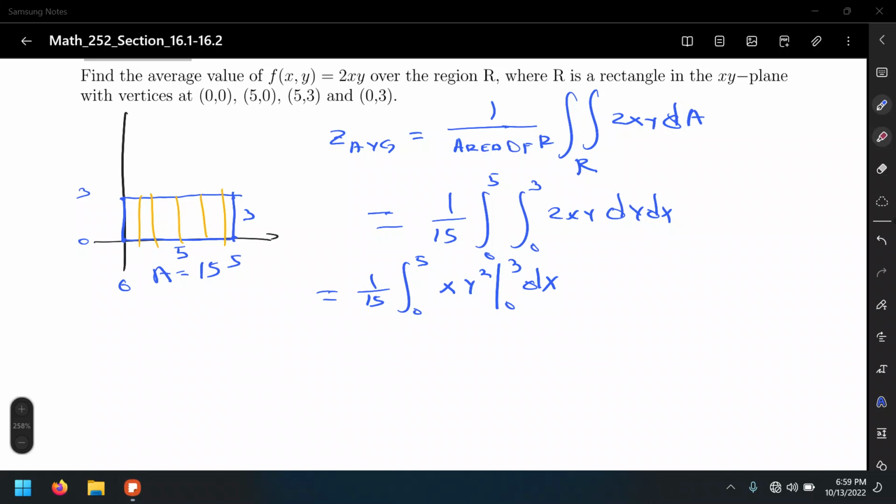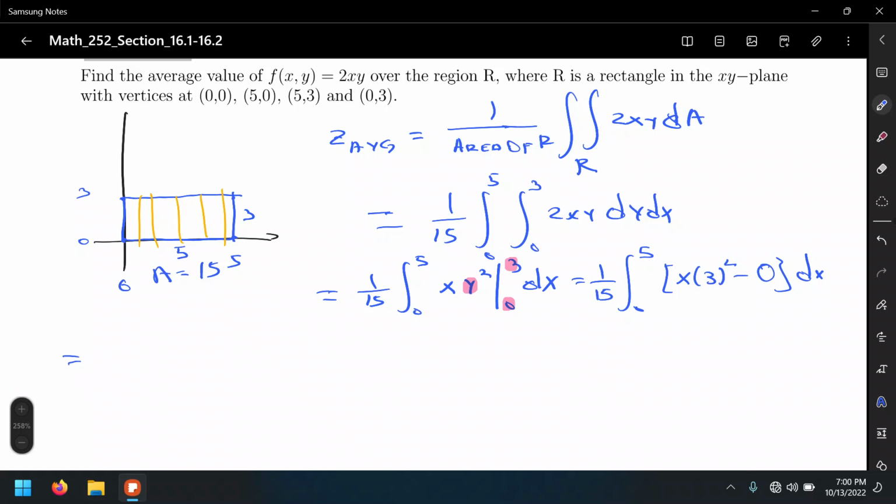Since we integrated with respect to y, we only plug in these limits wherever we see the letter y, not wherever we see x's. So this is 1 over 15, integral from 0 to 5 of x times 3 squared minus, what happens if we plug in 0? It goes to 0. So that's fine. And dx.